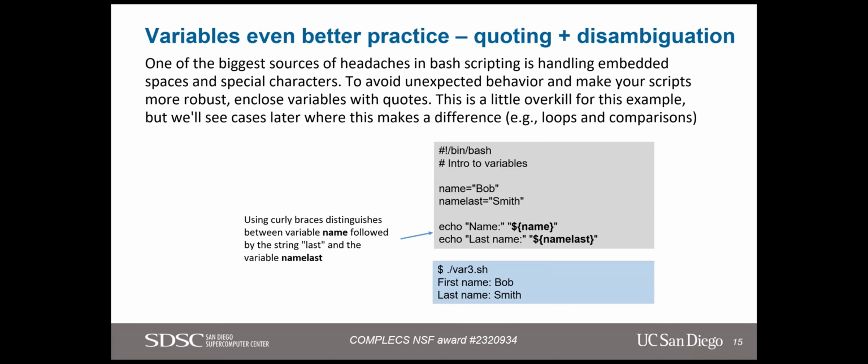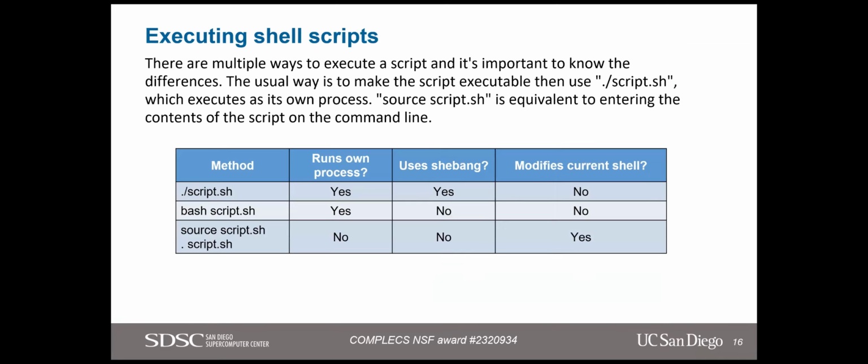In this example, it's Bob and Smith, and we're going to put our string that we want printed in quotes, and we're going to put the variable in quotes as well as curly braces. It essentially does the same thing, but in a more secure fashion.